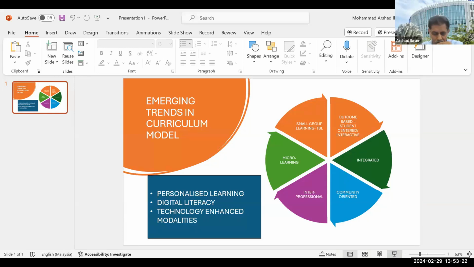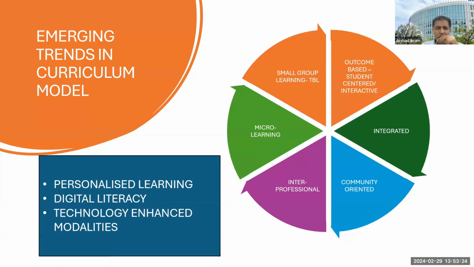Right. So our task, Group B's task, is emerging trends in curriculum model and content. Compared to the previously traditional curriculum, now we are moving more toward outcome-based, which is more student-centered and interactive, and we are emphasizing the outcome. The outcome is more achievable in small groups like TBL or micro learning.